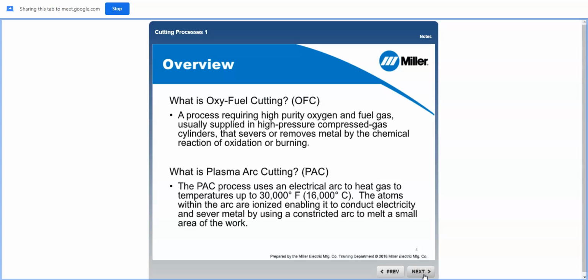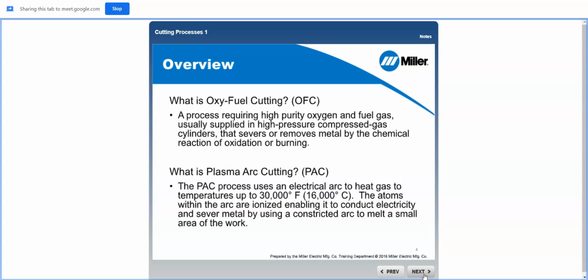So what is oxy-fuel cutting, or OFC? It is a process requiring high purity oxygen and fuel gas, usually supplied in high pressure compressed gas cylinders, that severs or removes metals by the chemical reaction of oxidation or burning.